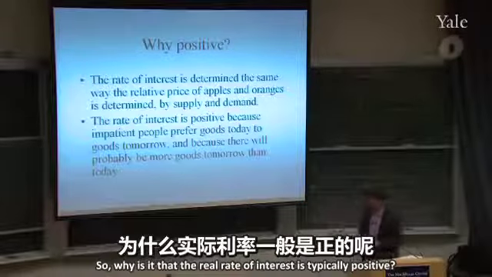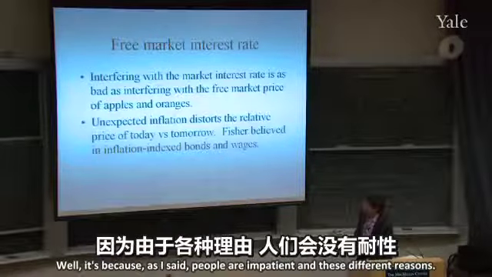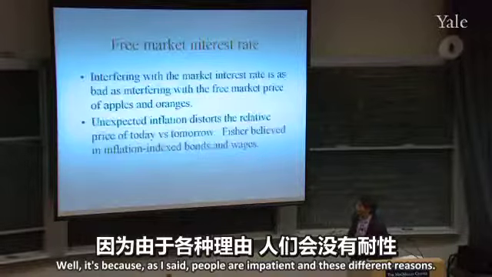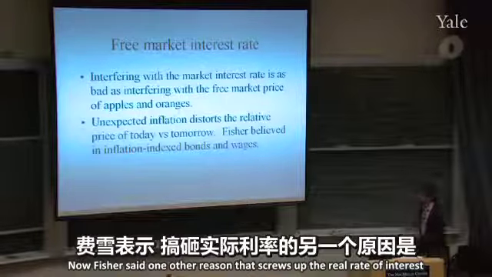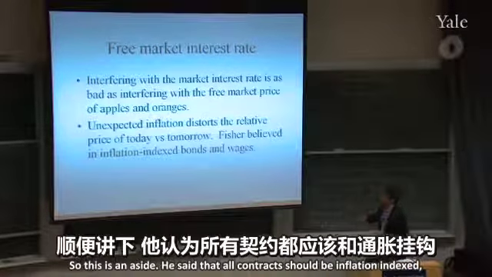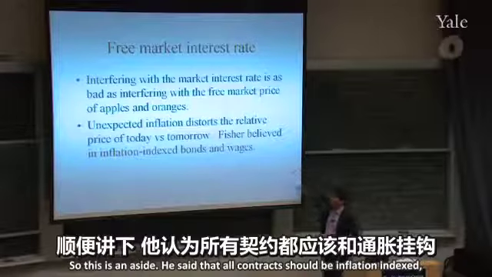So why is it that the real rate of interest is typically positive? Well, it's because, as I said, people are impatient, and there are these different reasons. Now Fisher said one other reason that screws up the real rate of interest is that people sometimes get confused by inflation. So this is an aside. He said that all contracts should be inflation indexed.